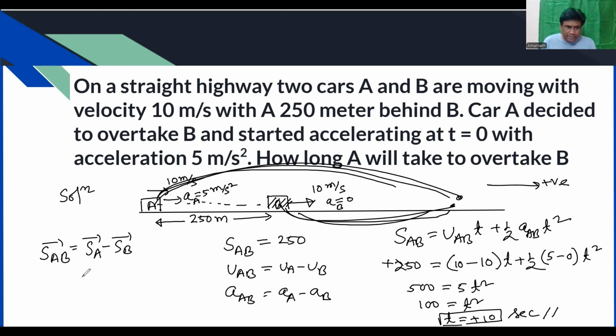I have already written. So what is the displacement of A? Say this is something, XSA. This is SA. And this displacement is something, SB. So SA minus SB is nothing but 250 only.